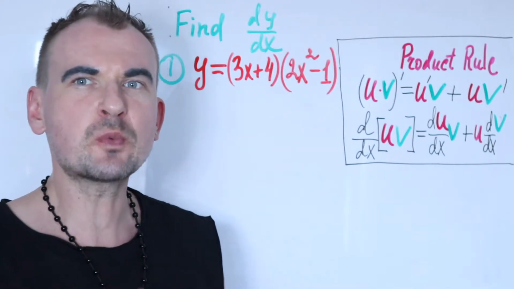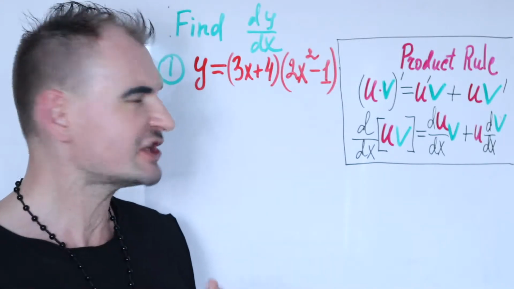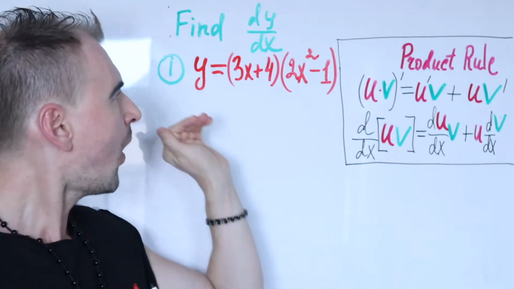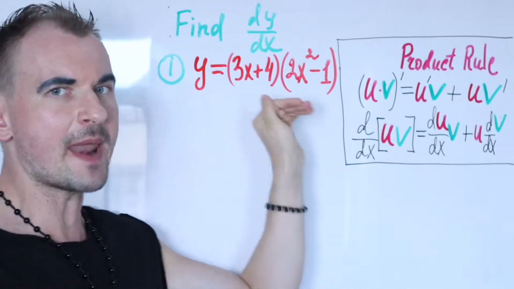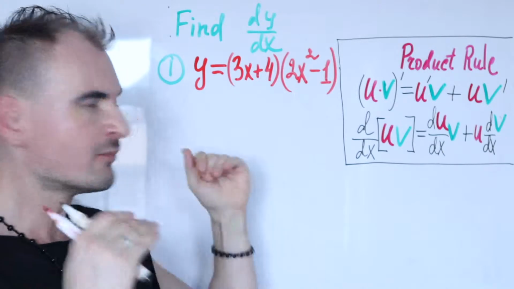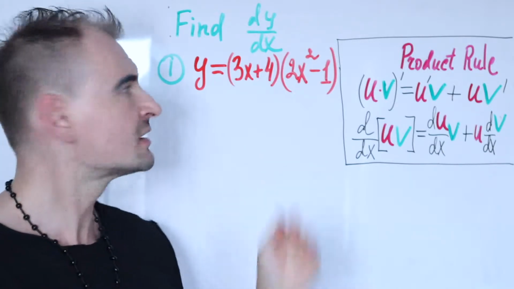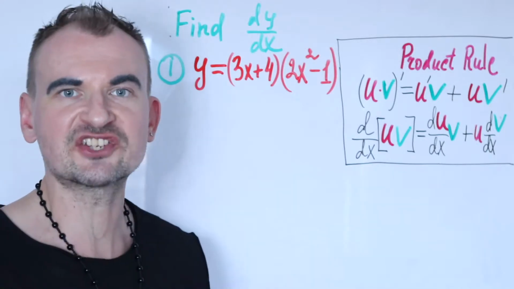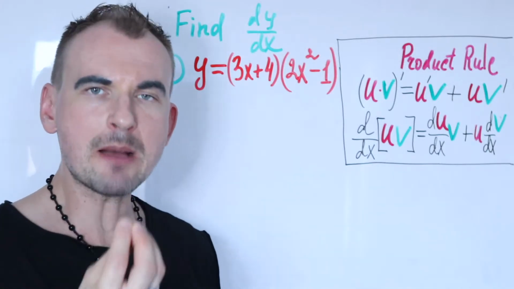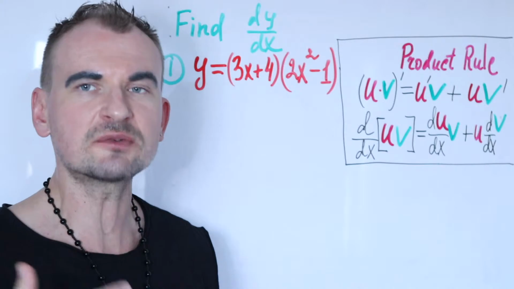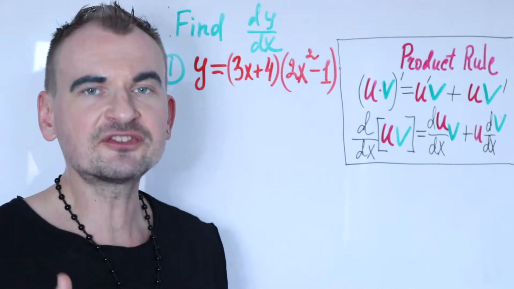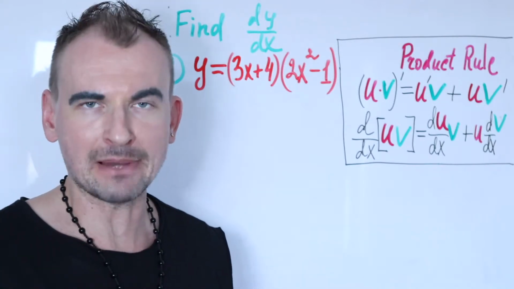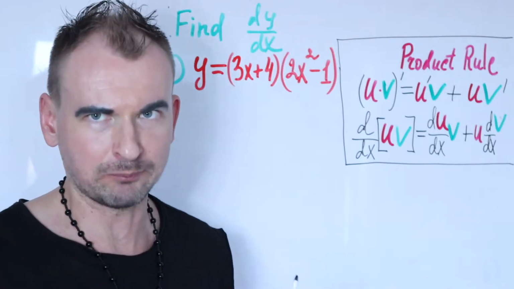Well, the first way that comes to my mind is just straightforward. All you can do is open up the parentheses, remove them by multiplying things out, foiling things out, and you would come up with a polynomial in terms of x, and after you will be able to apply a power rule at that point.